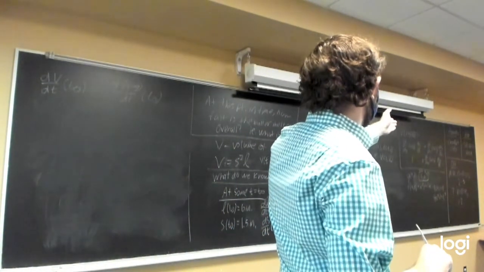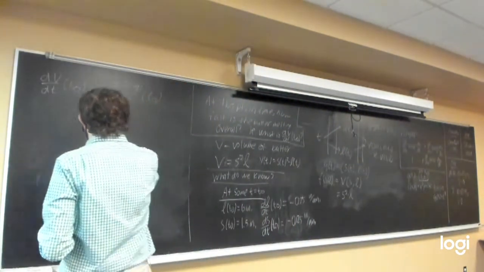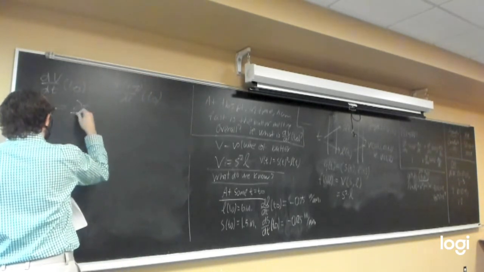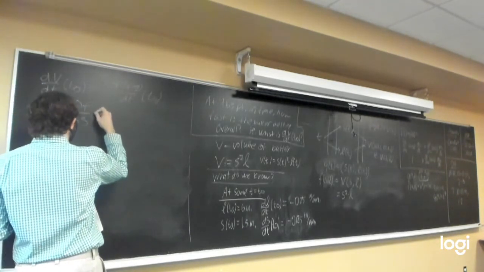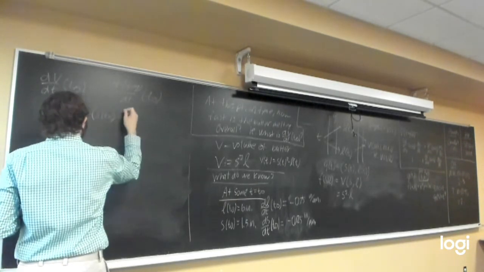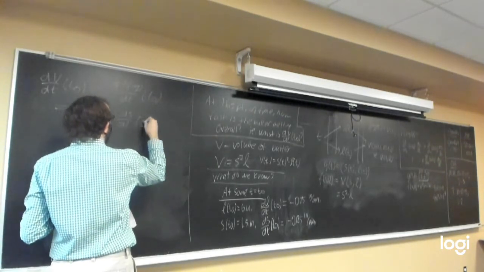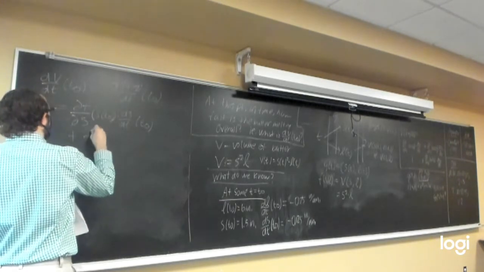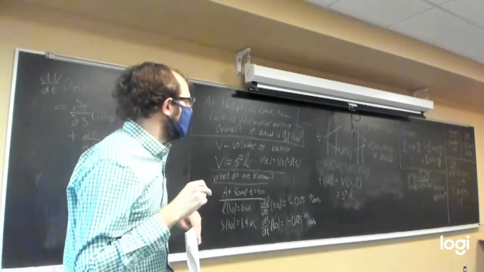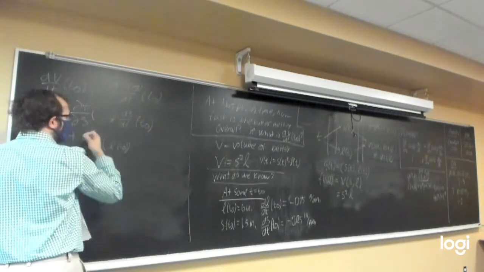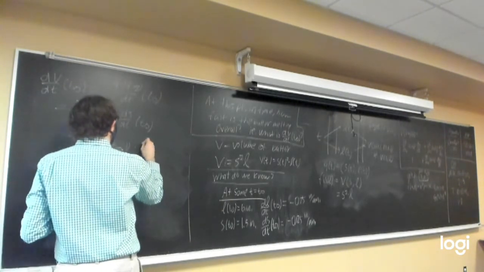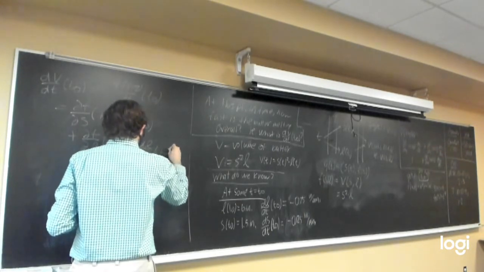According to the chain rule formula we have on the right-hand side of the board, f is a function in terms of s and L. We should be able to write this as the partial derivative of f with respect to s, del f del s, evaluated at s of t naught, times the derivative of s with respect to time at t naught, plus the partial derivative of f with respect to L, evaluated at L of t naught, multiplied by dL/dt, evaluated at t naught.